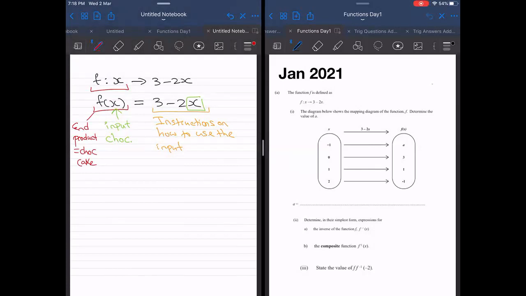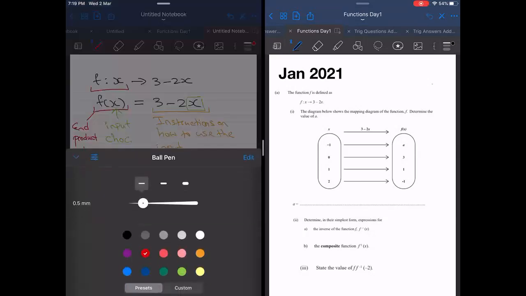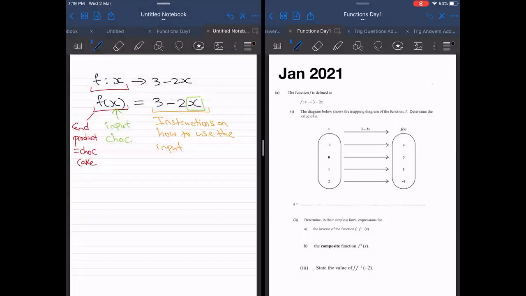And what's on the right side, whatever expression is given, is telling you how to use the x, or how to use the ingredients, right? For example, on a cake box, it's not like you just put in any amount of chocolate. You might see a half cup of chocolate, or a quarter cup of chocolate chips. Whatever it may be, the expression on the right is giving you the instructions on how to use that input, or that x.